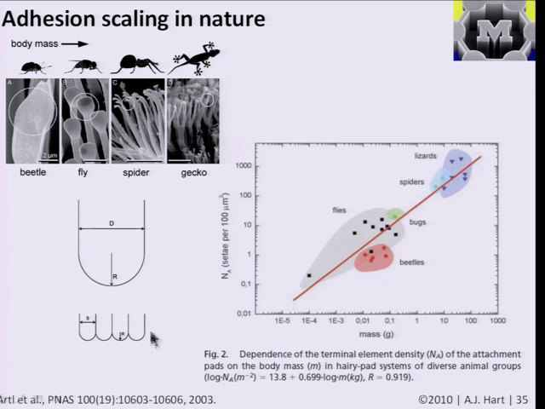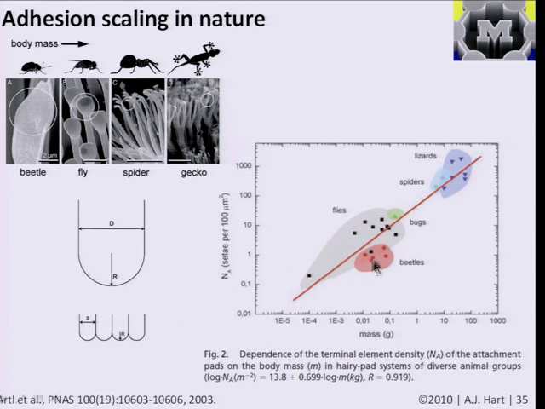Basically, if you have smaller setae, which is the name for the little fingers, then you can support more mass because you can establish more contact area. Or, to establish a large contact area, you need less deformation force to give a certain area of contact.